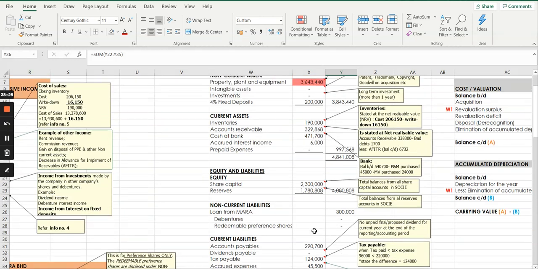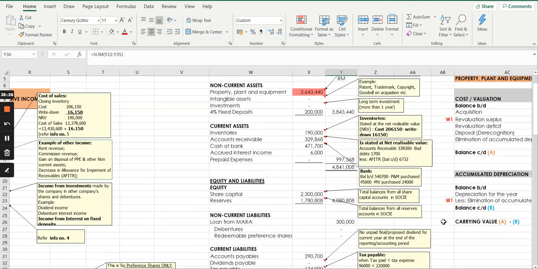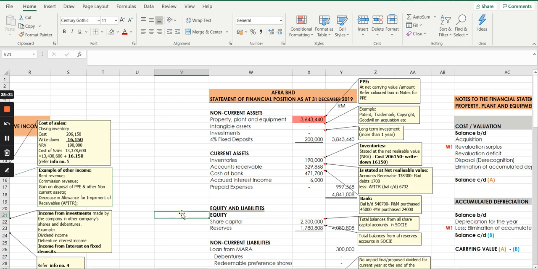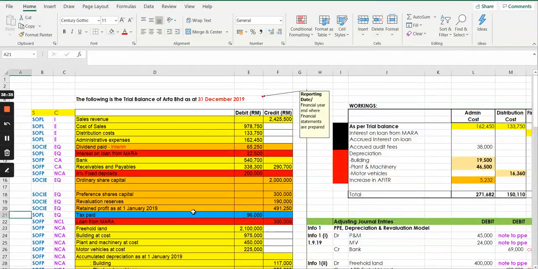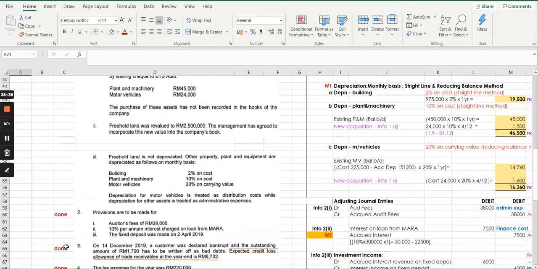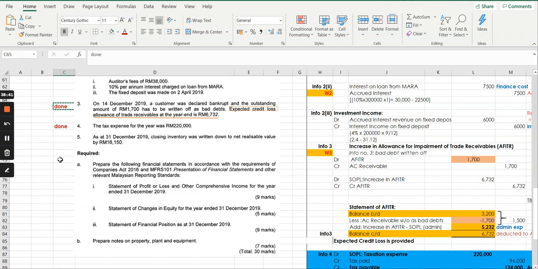That's it. You are done with the notes. You are done, and you have also done every adjustment given in the question. Yep, all adjustments have been done, right? And these are all done. Everything is done.